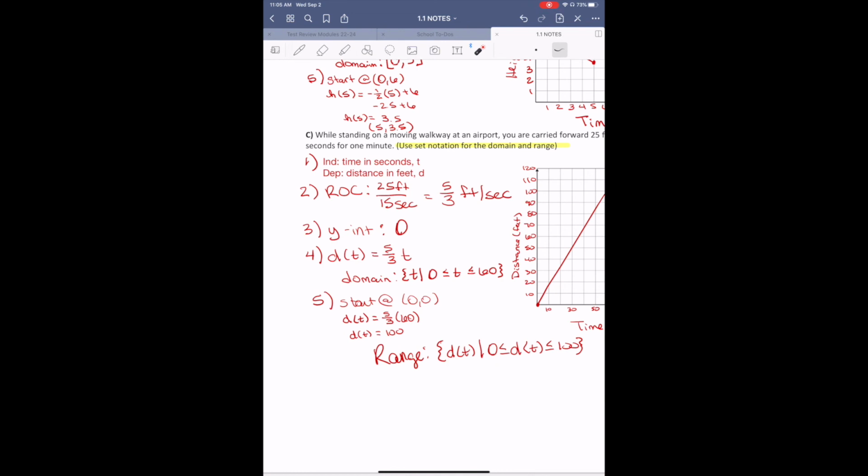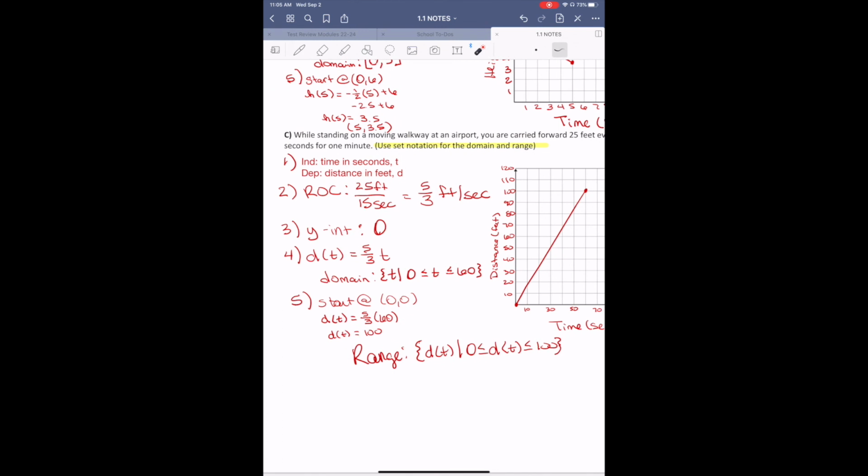We are moved forward 25 feet every 15 seconds. So rate of change, 25 over 15 can be reduced down to 5/3. Okay, so it's 5 over 3 feet per second. Y-intercept, start at 0, right? We can't move if we're not on the moving walkway, so we're starting at 0 when we get on.